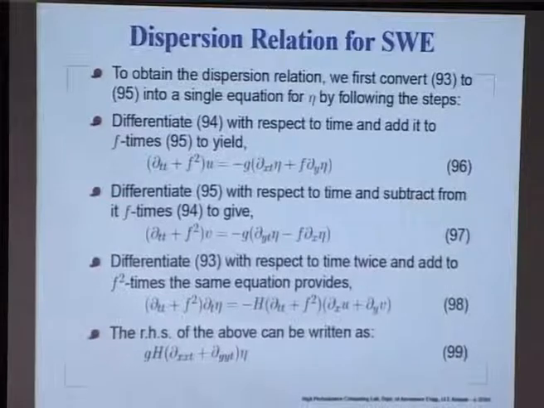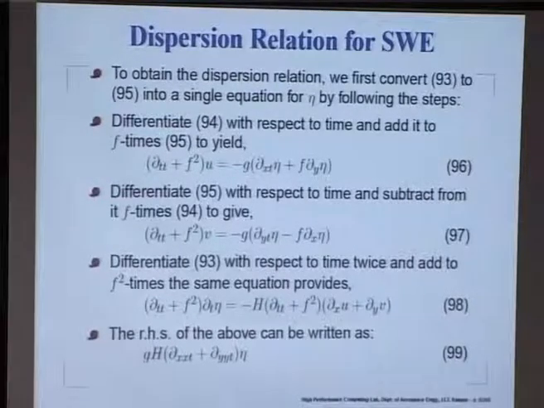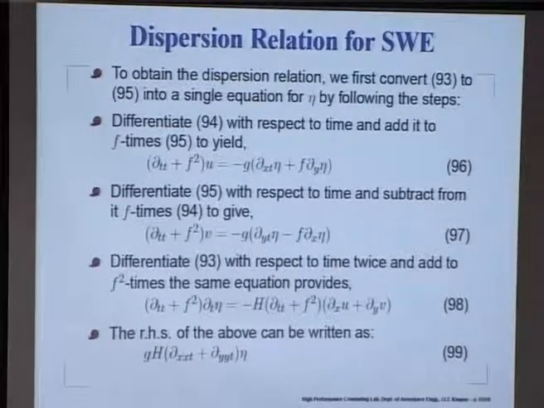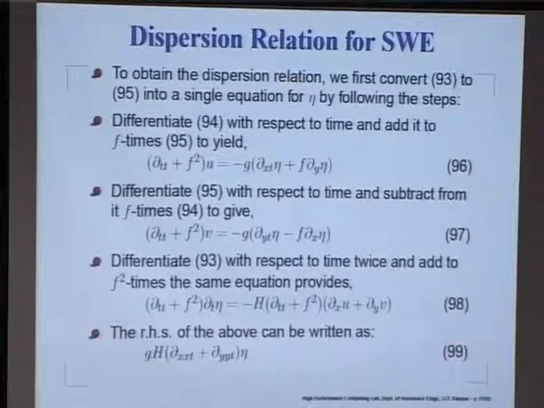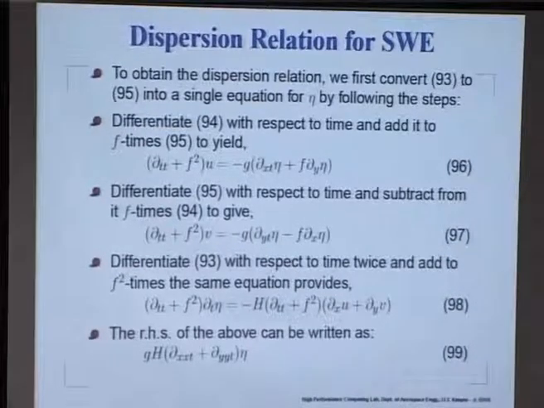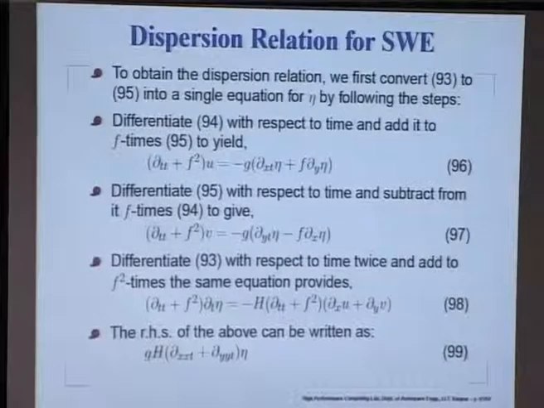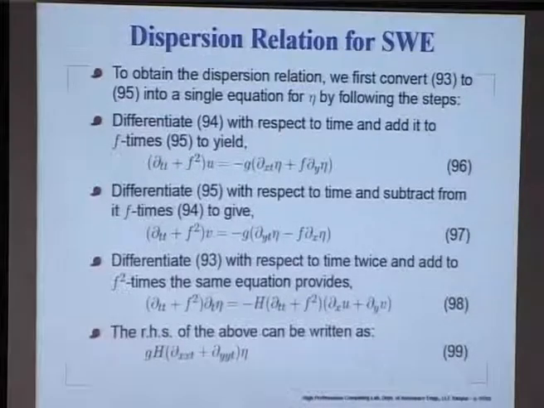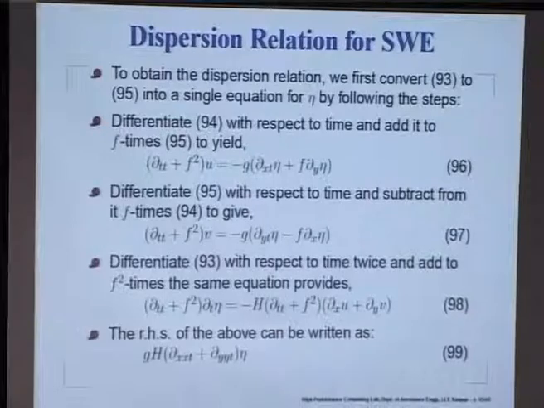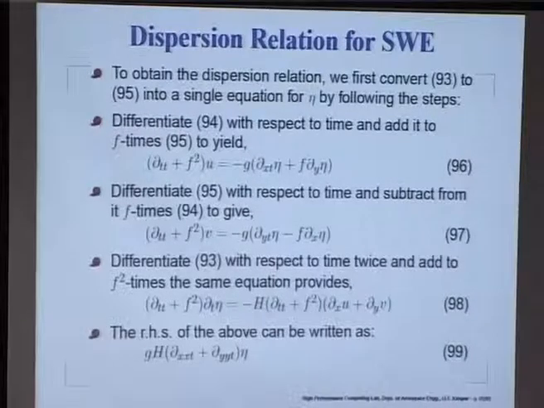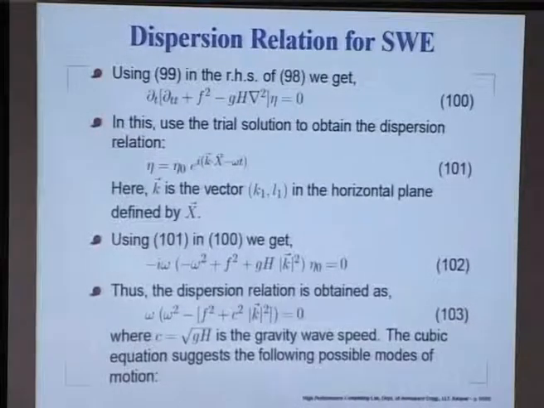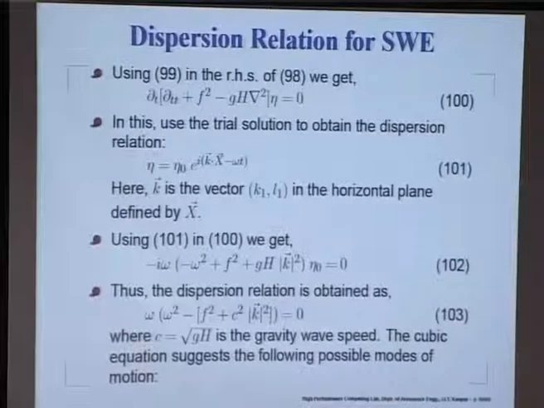If I take the time derivative operator outside, then inside I will have del x x plus del y y, that is nothing but your Laplacian. So, this term is nothing but del del t of the Laplacian of eta.